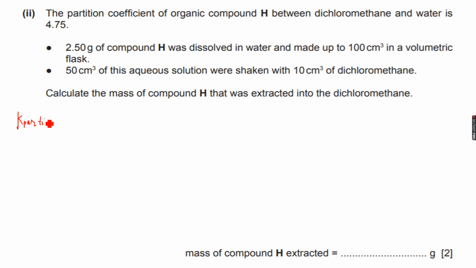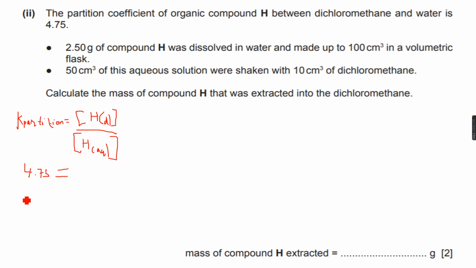So K partition is equal to H in D, where I'm taking dichloromethane as D, over H in the aqueous phase, because water. So H aqueous. This is the formula for the partition coefficient. Now we know that this is equal to 4.75.